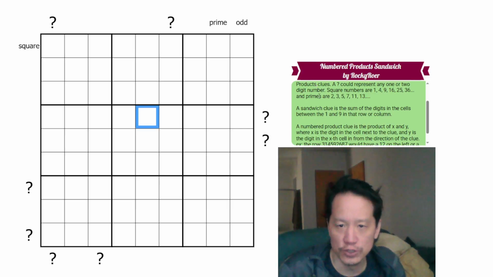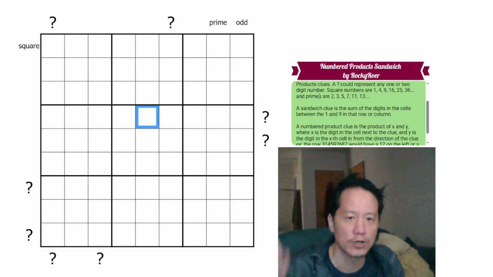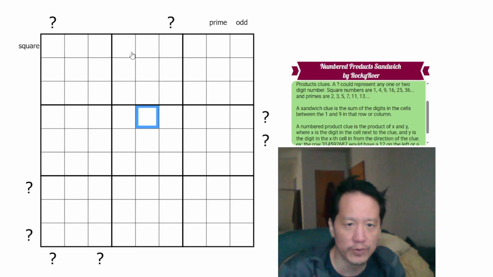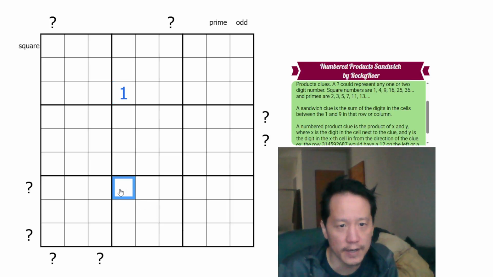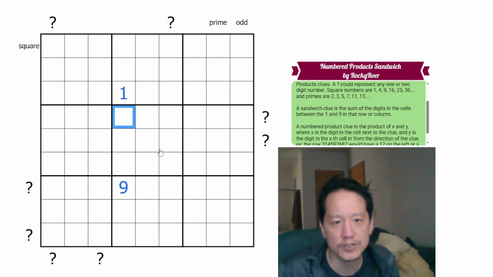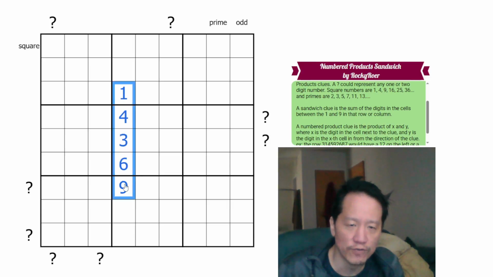A sandwich clue is the sum of the digits in the cells between the 1 and 9 in that row or column. So for example, if we had a 1 here and a 9 here, and this was 4, 3, and 6, the sandwich clue for this column would be 13, because it's the sum of the digits in between the 1 and the 9 in this column.